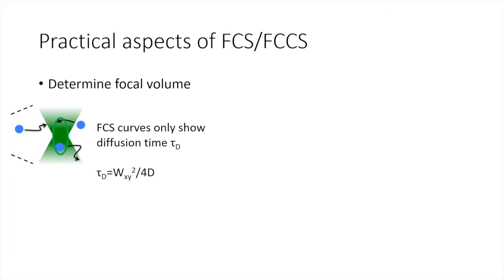So every time I do FCS, I need to use a standard dye with a known diffusion coefficient to determine the focal volume on that day. So before I start the experiment, I will always use the standard dye to do this calibration.